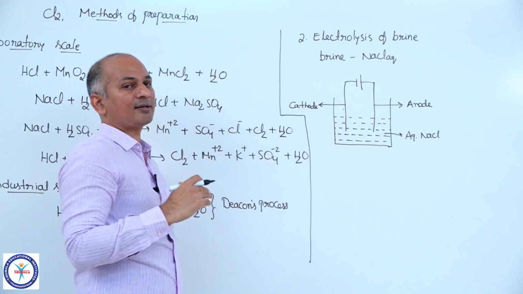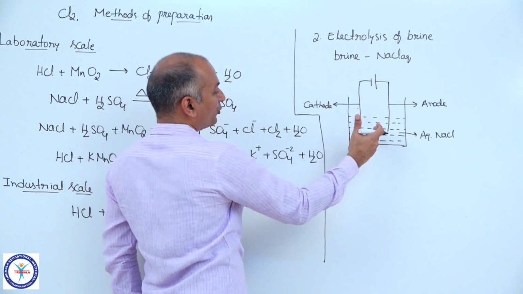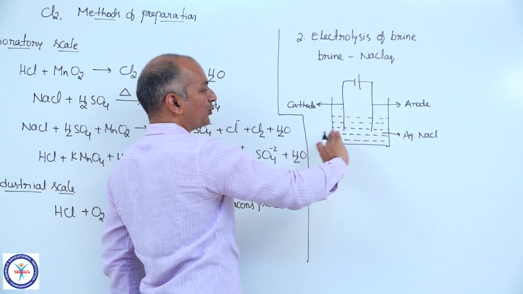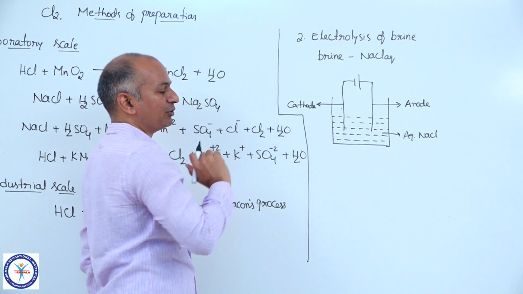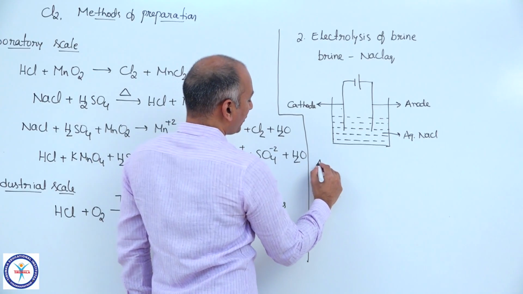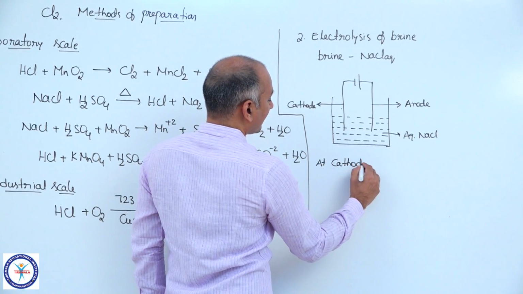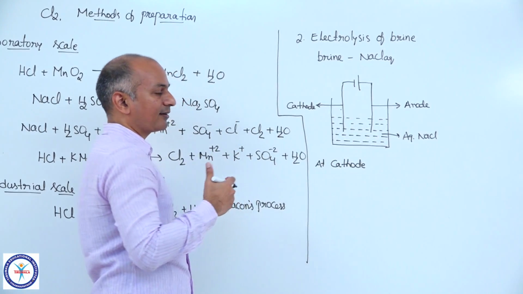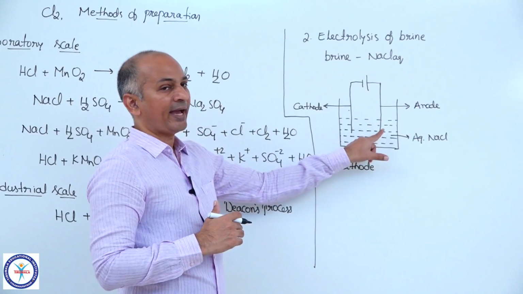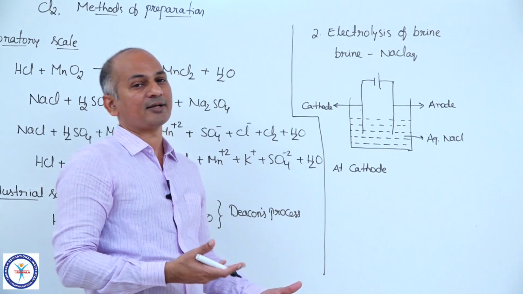Now when you start passing electricity, cations move towards the negatively charged electrode, the cathode, and anions move towards the positively charged electrode, that is the anode. At the cathode, the cations take up electrons and get reduced, and at the anode the anions lose electrons and get oxidized.